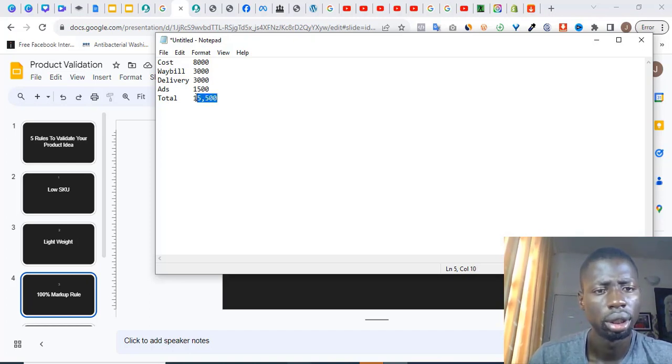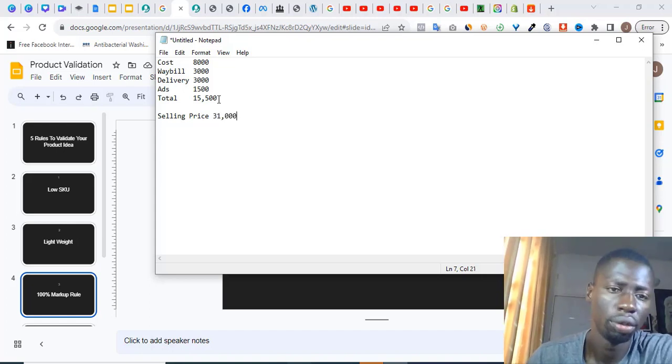So this total cost now is 15,000 naira. If your total cost is 15,000 naira, the rule of thumb is that you should be able to sell this product for around 31,000 naira. That's the rule of thumb. So that is the 100% markup.